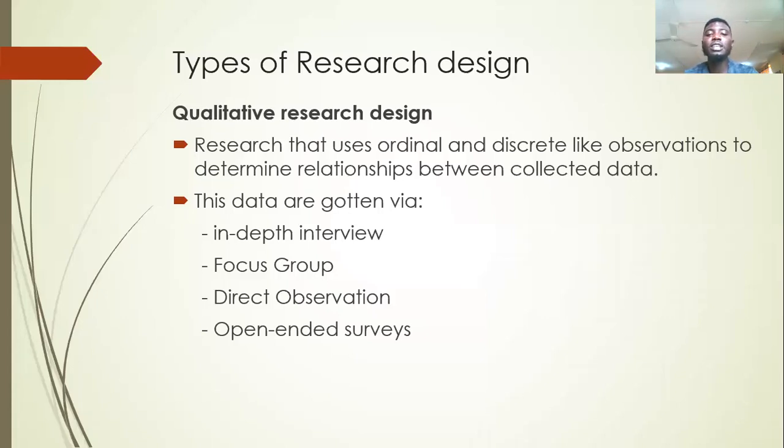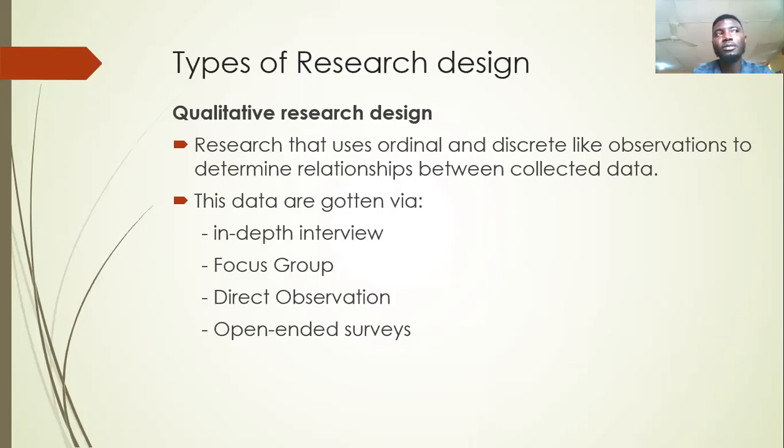So in qualitative research, they use ordinal and discrete-like observation to determine relationship between collected data. Now, for example, you can check whether the relationship between the height, and don't forget that we can segment height as tall, taller, and tallest, the correlation between height and, for example, blood group. Does height have to do with blood group?